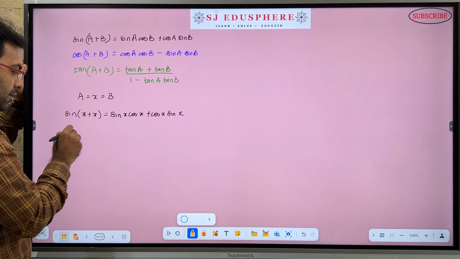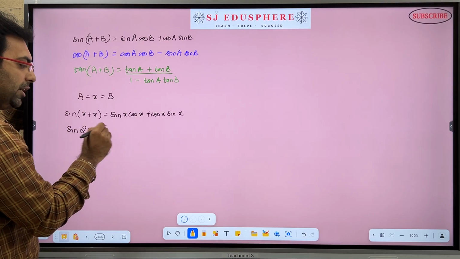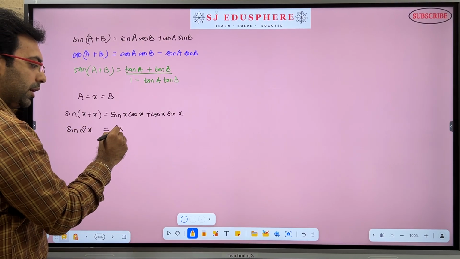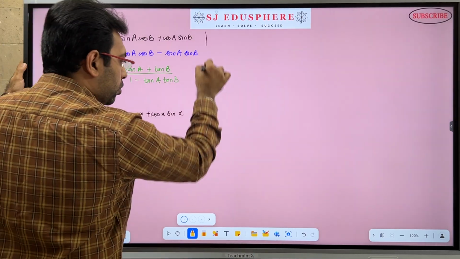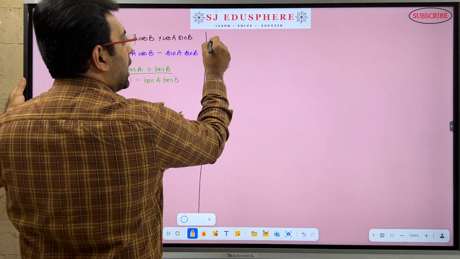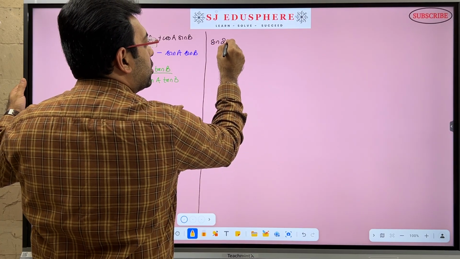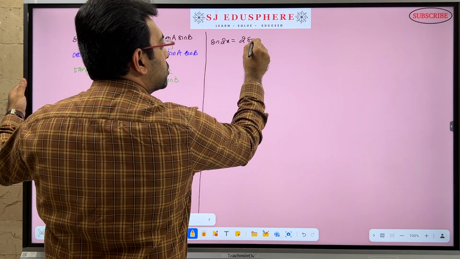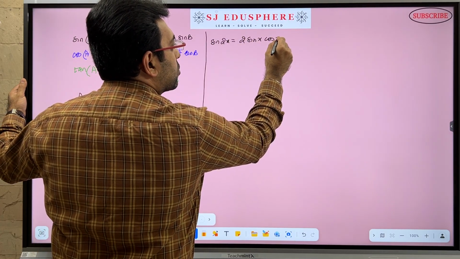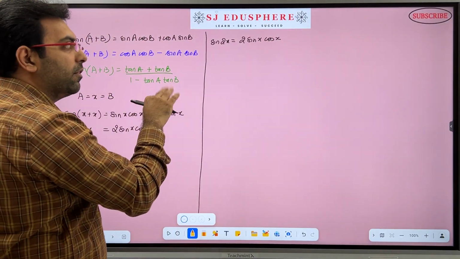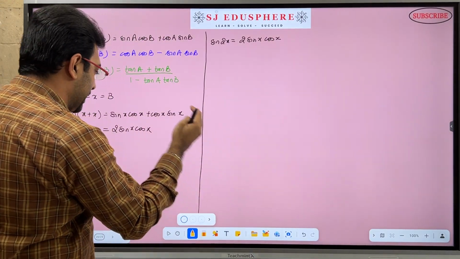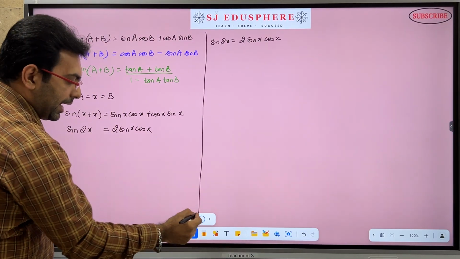And hence I have sin 2x over here is 2 sin x cos x. So my formula sheet now has sin 2x is 2 sin x cos x. Whatever is on the left hand side, the half of it comes on the right hand side.